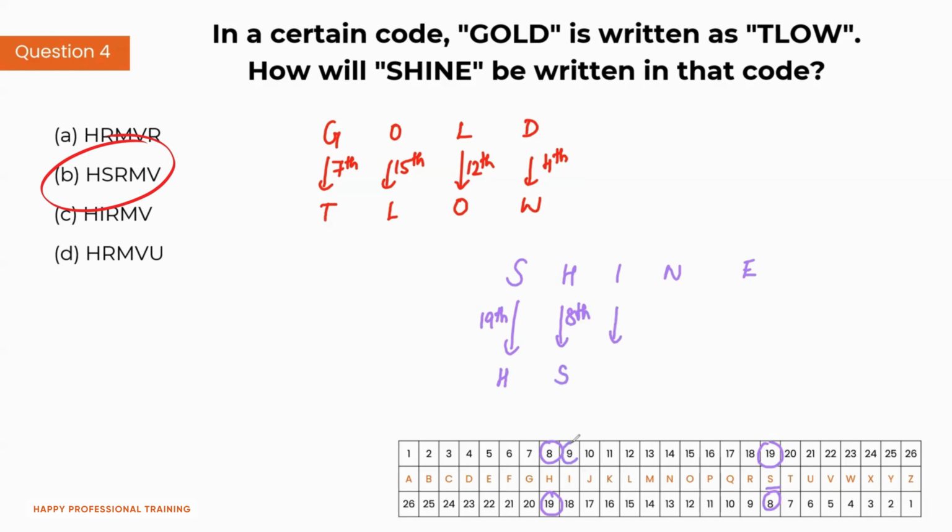Equivalently, 9th position has R. N is in 14th position. In the reverse order, M has 14. E is in 5th position and in reverse order we have V in 5th position. So HSRMV is the right answer.